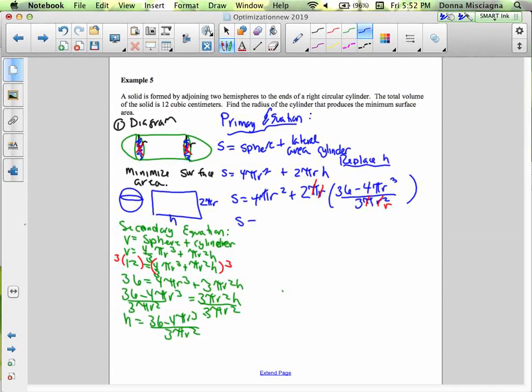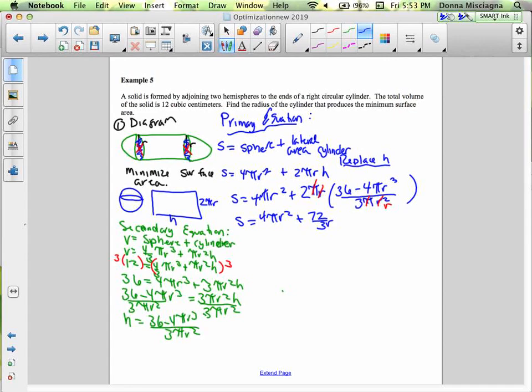So we have s equals 4 pi r squared plus, that's going to be 72 thirds over r, right? So I hope you can follow me there. Each one of these, 36 has to be divided by 3 over r, and I got to multiply by 2.